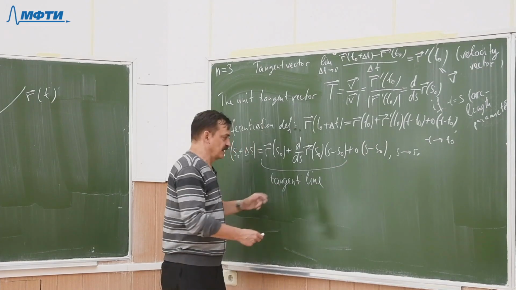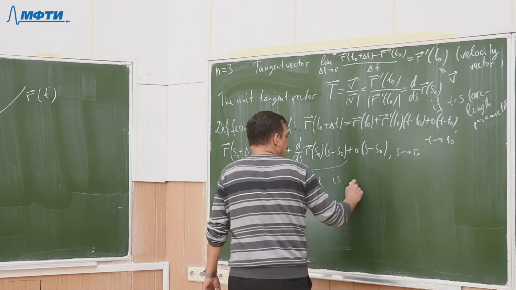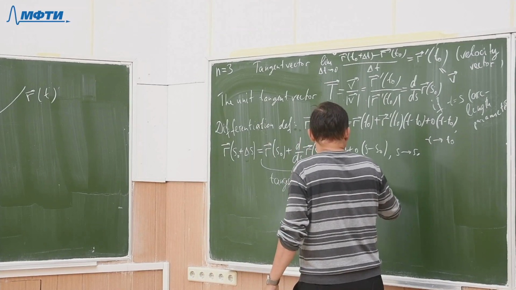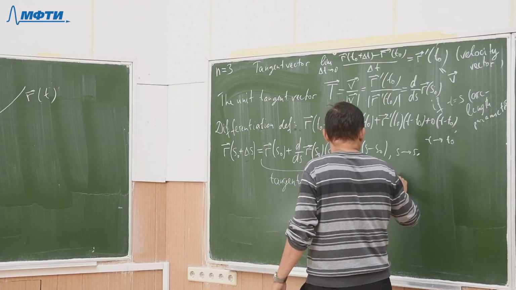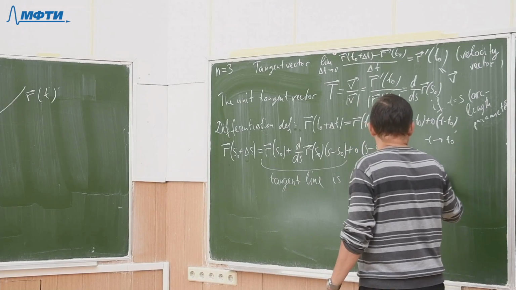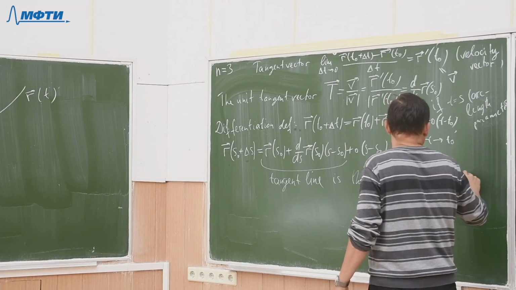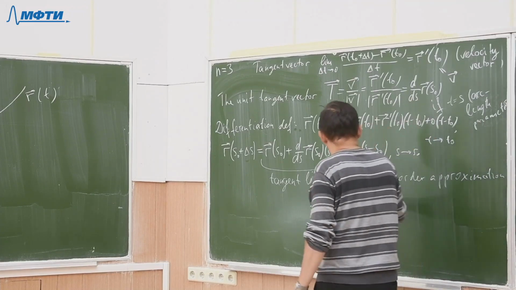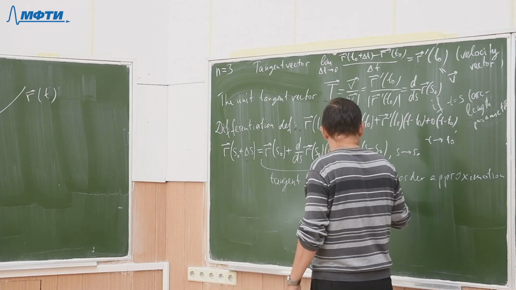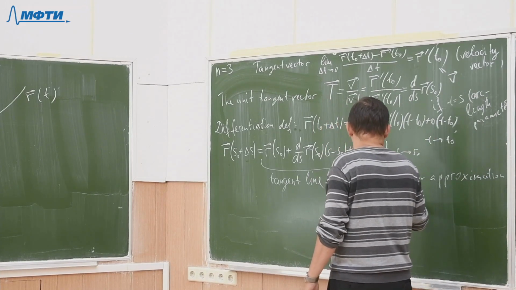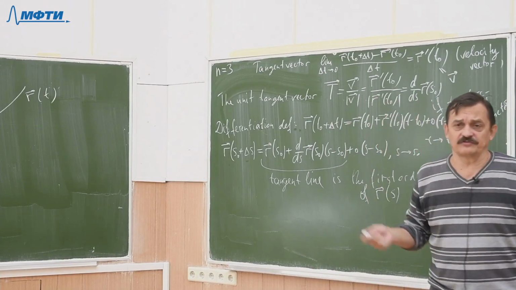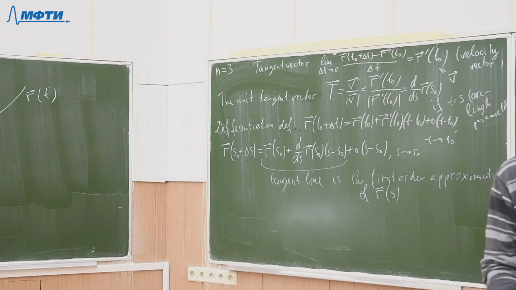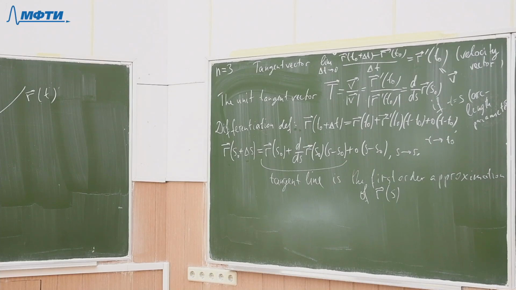So the tangent line is the first order approximation of r of s, also r of t, of course. The same is true for an arbitrary parameter, doesn't matter.